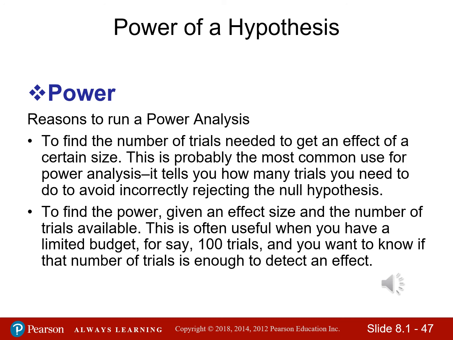You could also run a power analysis to find the power given an effect size and the number of trials available. This is often useful when you have a limited budget, say for 100 trials, and you want to know if that number of trials is enough to detect an effect.